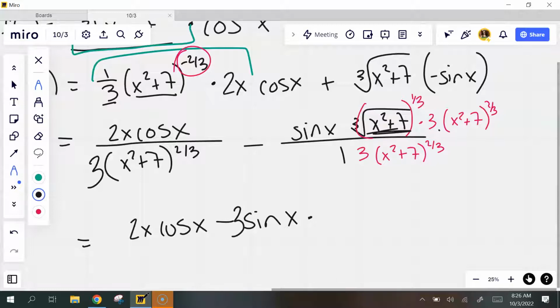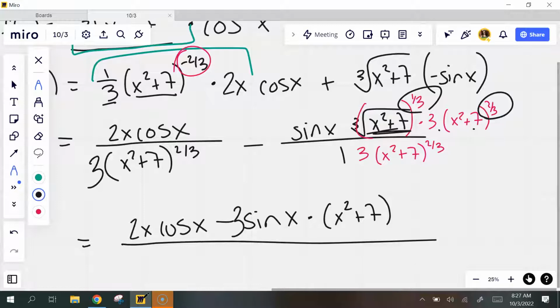I've got the same base with these exponents. So I'm going to add the exponents together. Well, what is 1/3 plus 2/3? 1, right? So it's just times x squared plus 7.